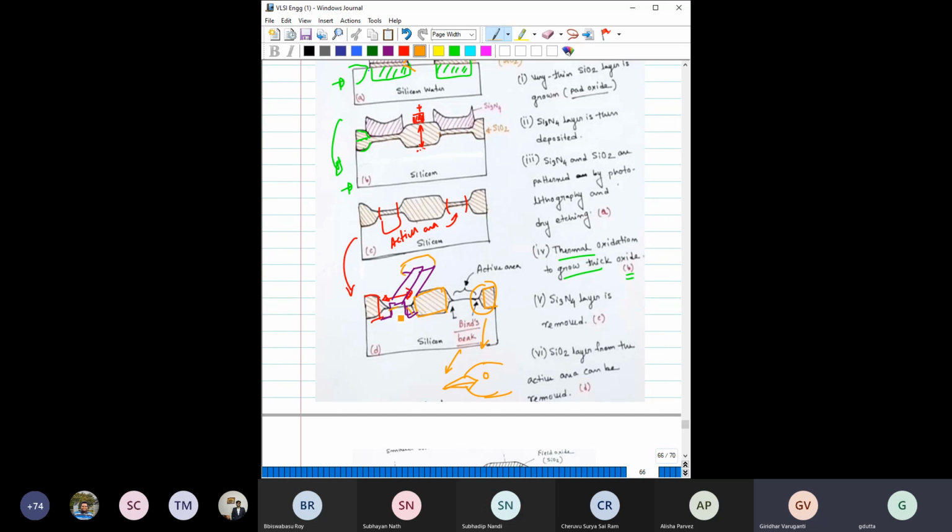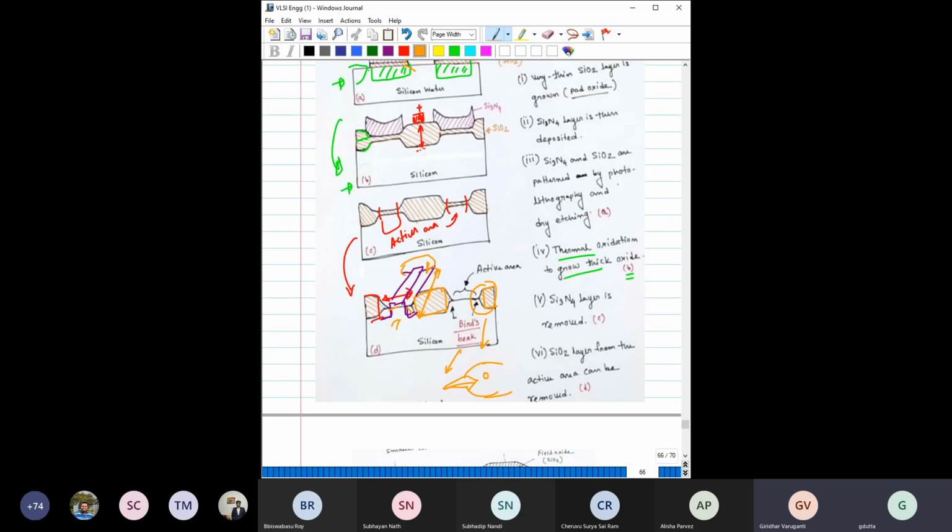Try to think in a 3D model. Then this side also there will be bird beak, this side also. So suppose you made this width 1 micron, effectively that width will reduce compared to that 1 micron because of this bird beak issue.